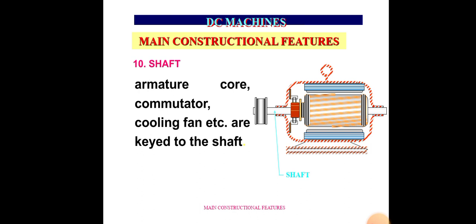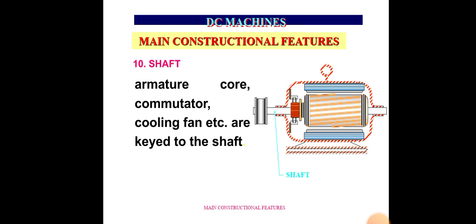The third one is the compound generator. The compound generator has three windings: a series field winding, a shunt field winding, and the armature winding.